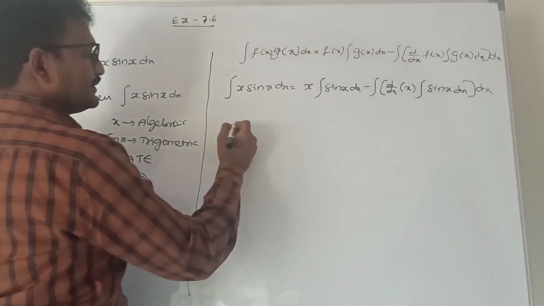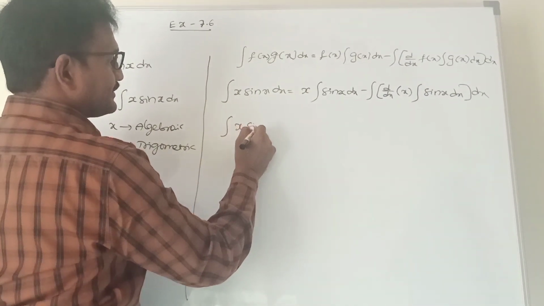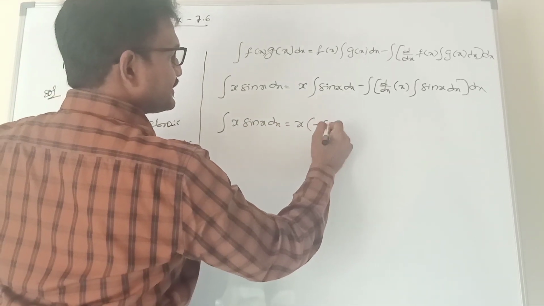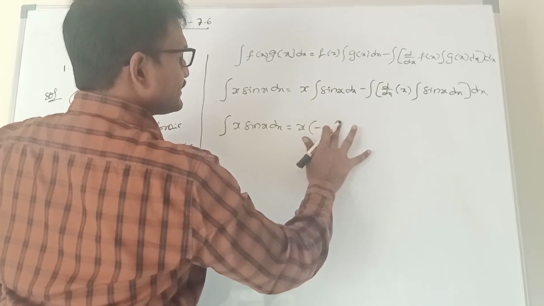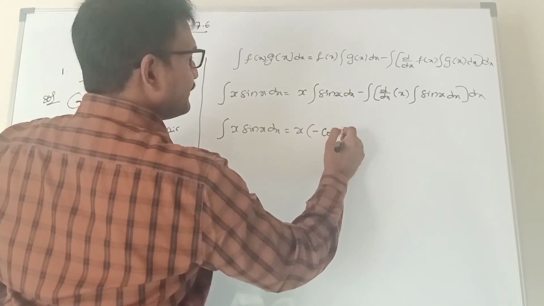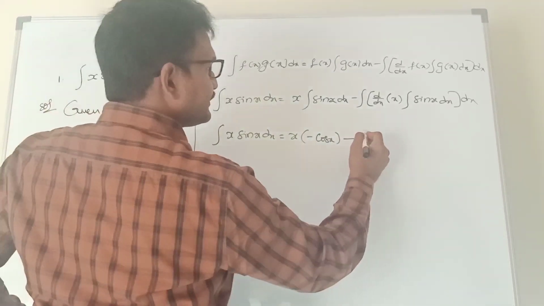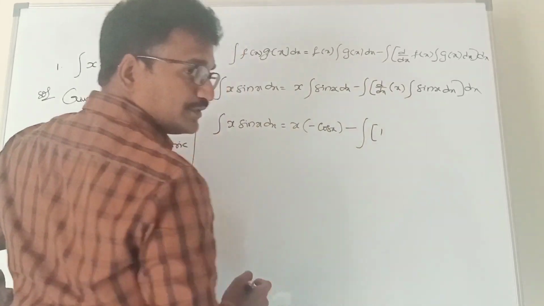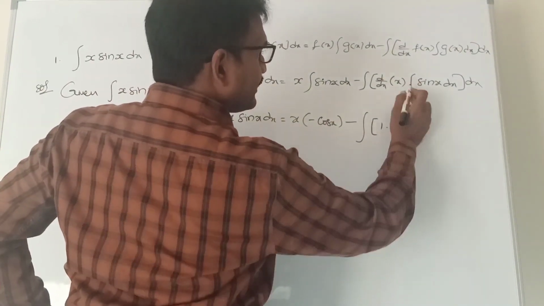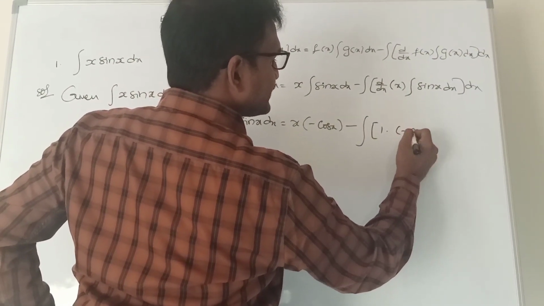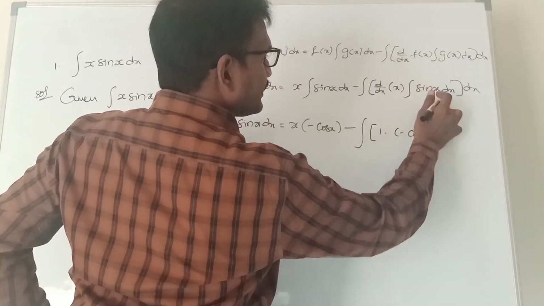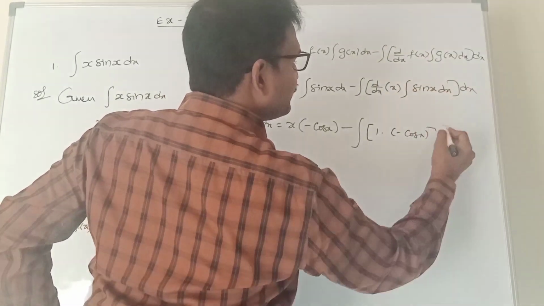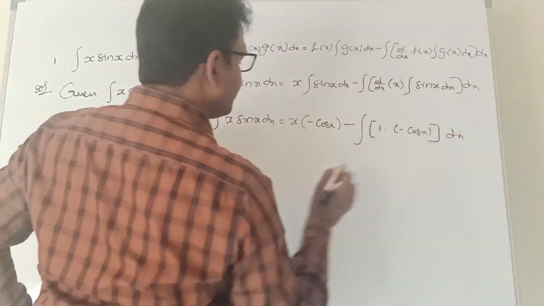dx. Next, integral of x sin x dx is equal to x into integration of sin x, which is minus cos x, minus integral of derivative of x, which is 1, into integral of sin x, which is minus cos x, dx.